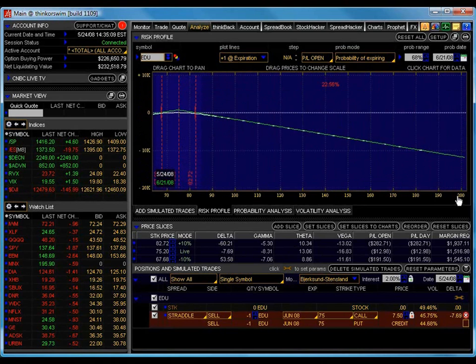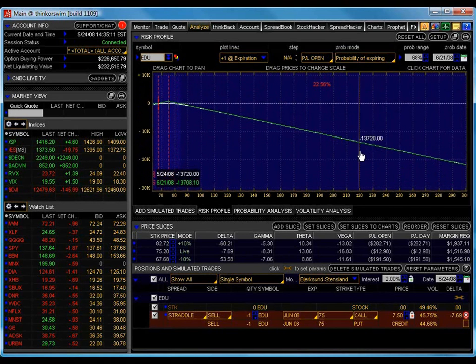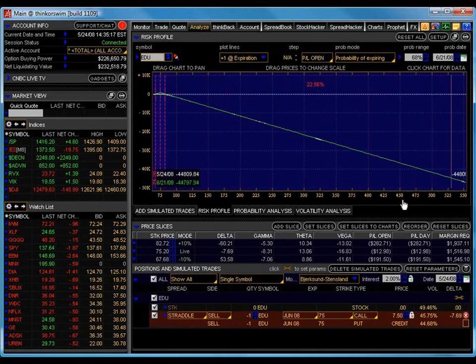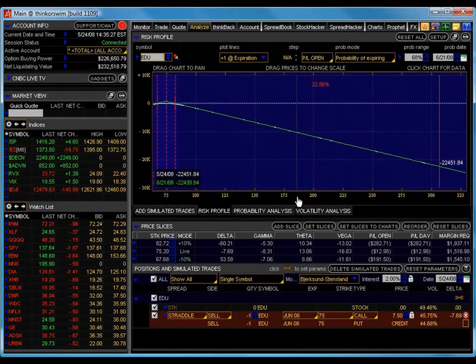You could see that as long as we continue, we would lose more and more money in a linear fashion. So if the stock went from $75 up to $500, we would lose $42,000. And that's not a pleasant situation to be in.